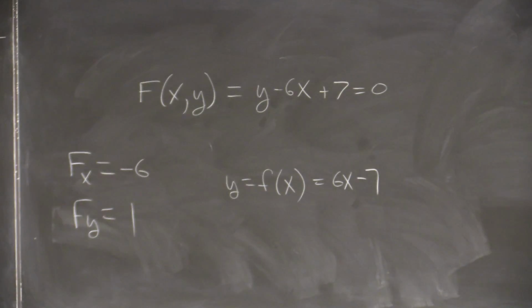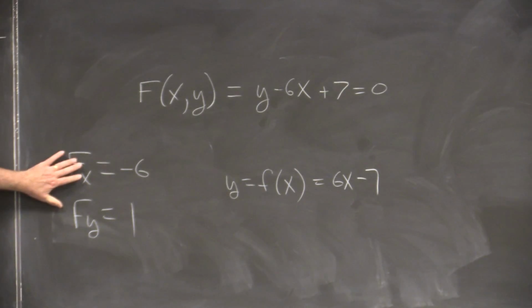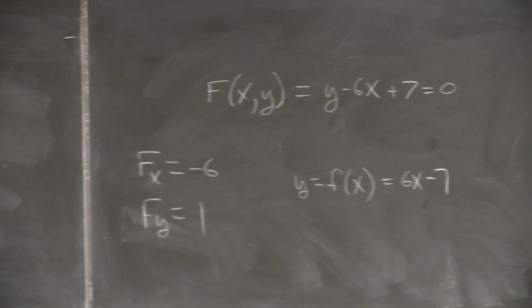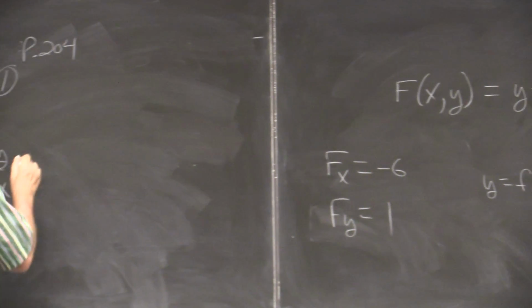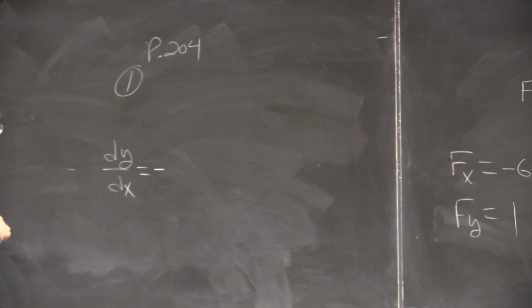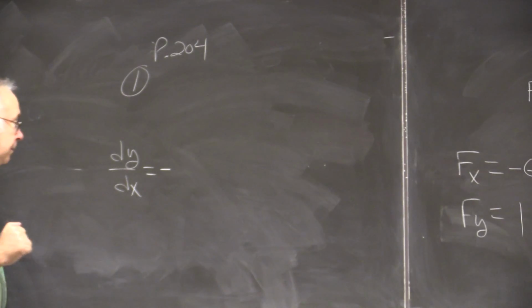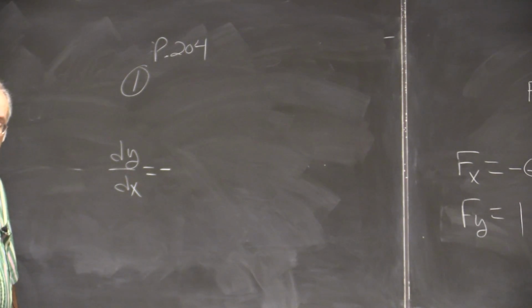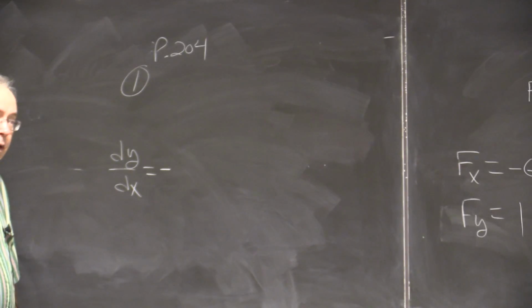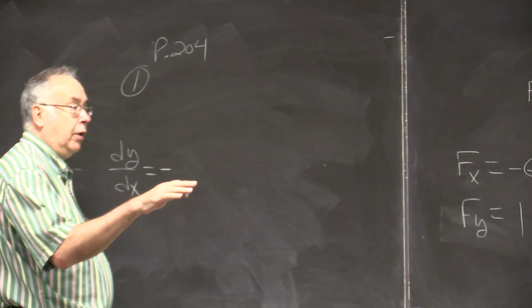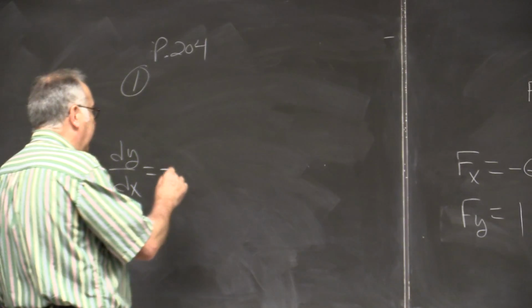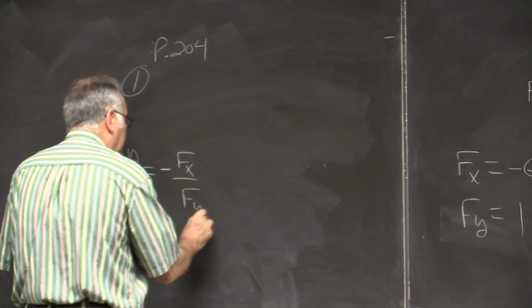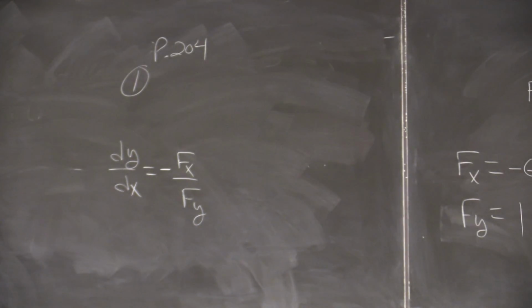And what is dy/dx by the implicit function theorem? More generally, dy/dx is minus F sub x over F sub y by the implicit function theorem.